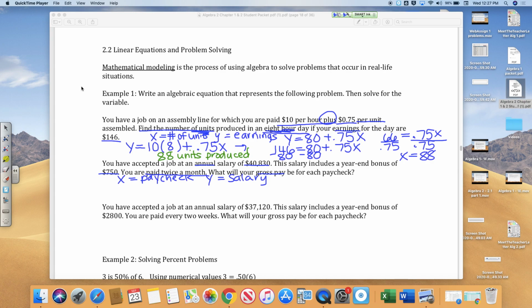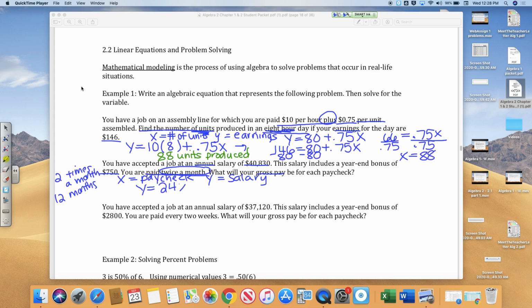If we use these variables, it'll help us determine how to set up our equation. So our total salary, y, is going to be equal to our payment for each paycheck plus our year-end bonus. If we're paid 2 times a month, and there's 12 months in a year, when we're creating this equation, we need to multiply 2 times 12, and that would be 24 paychecks.